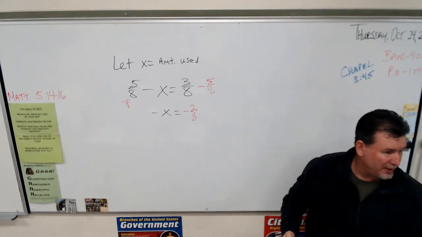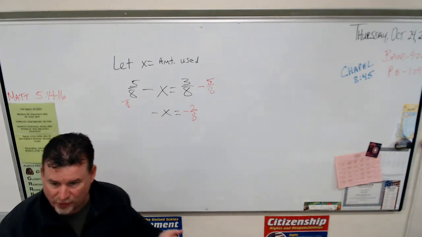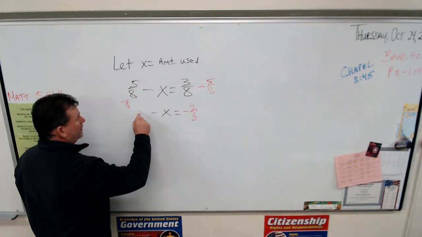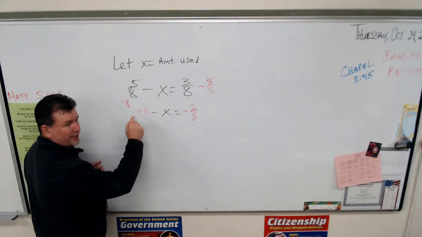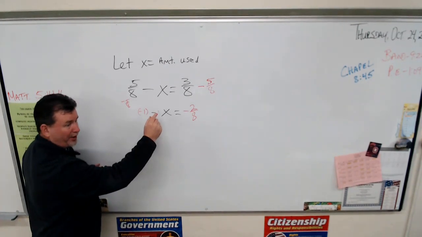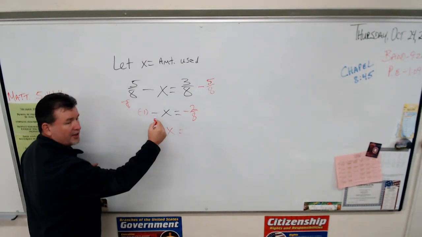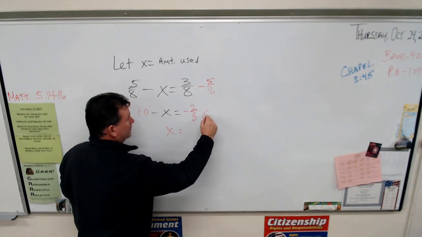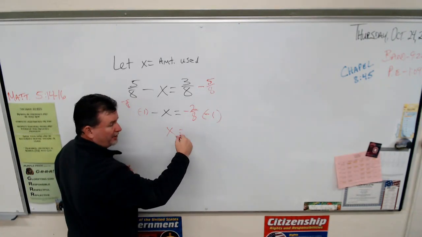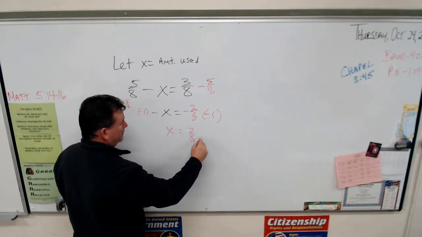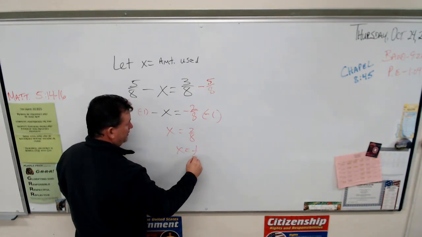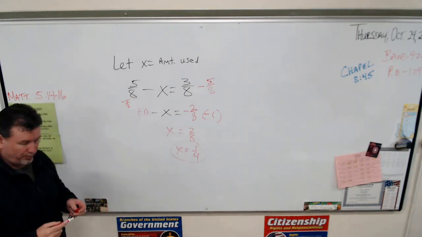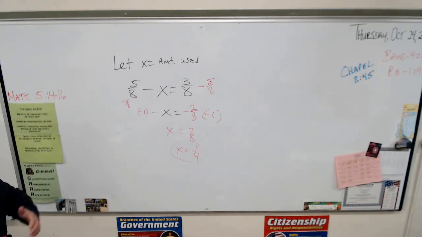If I wanted to know what positive x was, I would multiply negative 1 times negative 1x, positive x. Negative 2/8 times negative 1, positive 2/8. Of course, you always put fractions in the simplest form. So you used 1/4 of a tank.